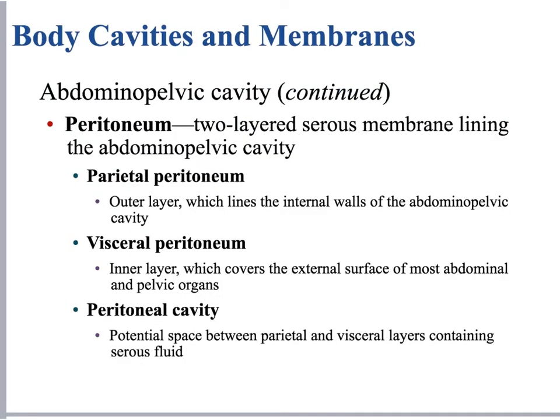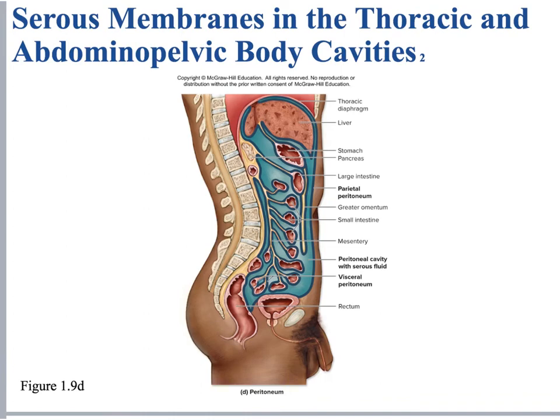And we have visceral and parietal peritoneum. This is what it looks like. The parietal peritoneum kind of encircles everything, and then the visceral portion wraps around all of the different organs. Part of this will also take in some fat, and the blood vessels run through it.